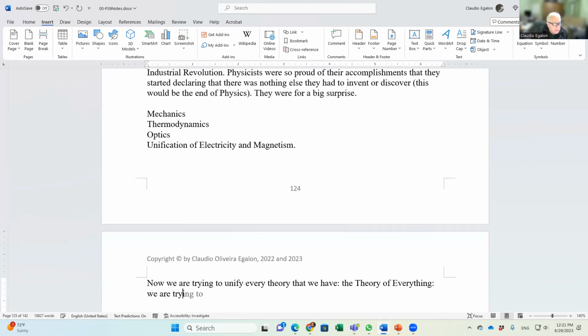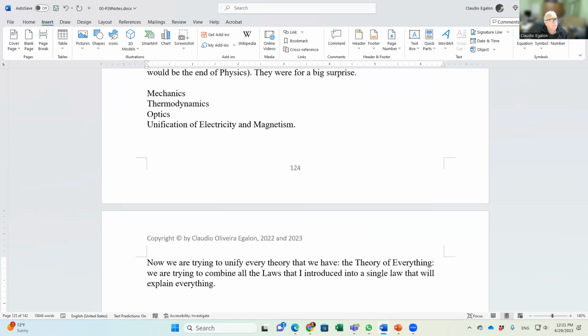We are trying to combine all the laws that I introduced into a single law that will explain everything. And so let's just review what are the laws that we have so far, right?